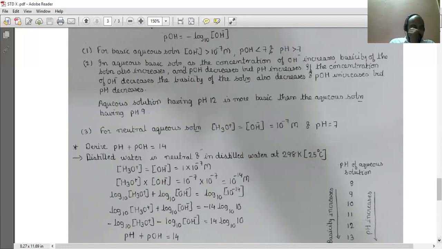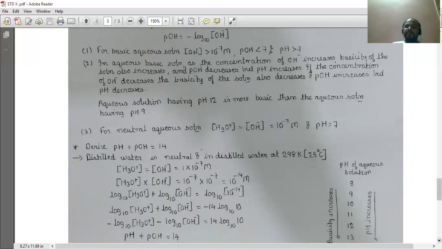Multiplying negative on both sides, negative logarithm to the base 10 of hydronium ion concentration minus negative log to the base 10 of hydroxide ion concentration is equal to 14 log 10 to the base 10. As you can see, negative logarithm to the base 10 of hydronium ion concentration is pH, and negative logarithm to the base 10 of hydroxide ion concentration is pOH. So pH plus pOH is equal to 14.